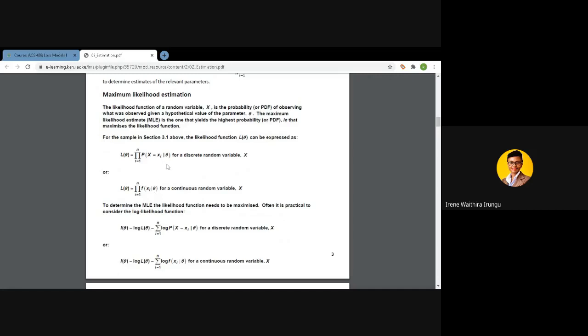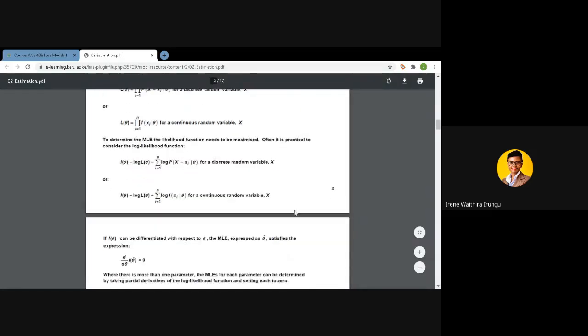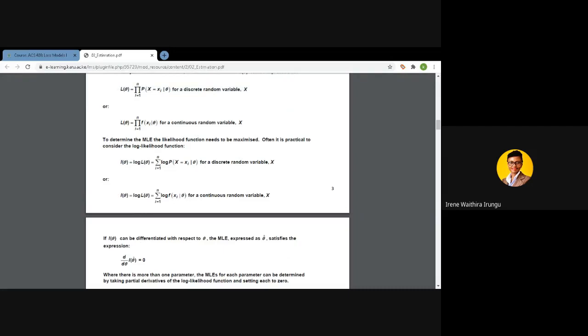Once you obtain your likelihood function, irrespective of whether the random variable is discrete or continuous, the next step is to determine the log likelihood function. The log likelihood function is simply the logarithm of the previously determined likelihood function.